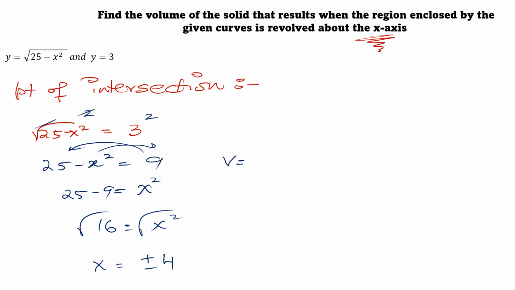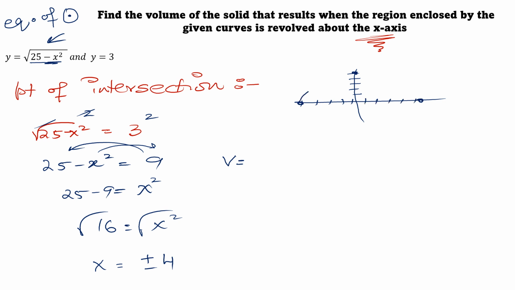Although in the question they are not asking you to draw the figure, I can visualize it. I can visualize that square root of 25 minus x square is actually the equation of a circle. If I put 0 here, my answer will be 5. If I put negative 5, then I will get 0. If I put positive 5 in place of x, I will get 0 again.